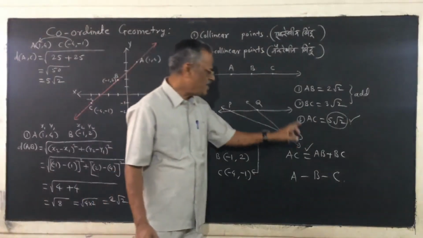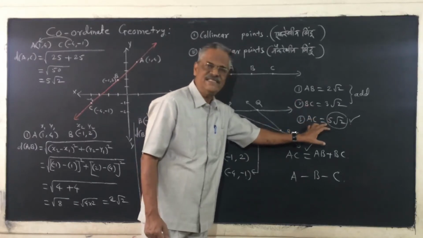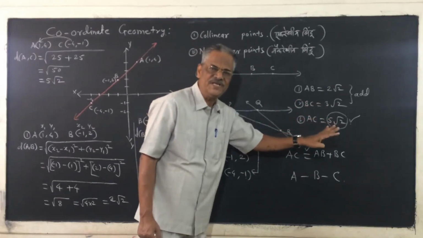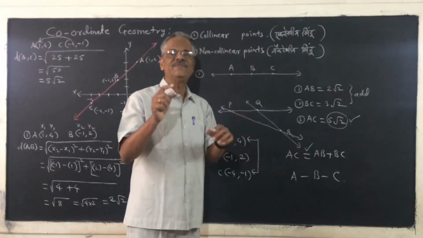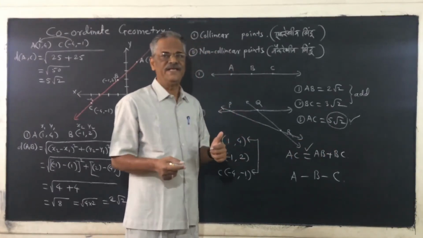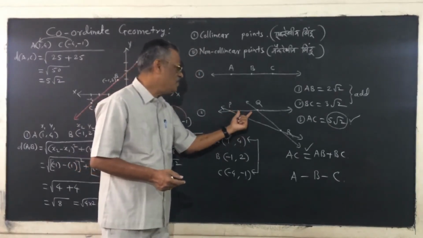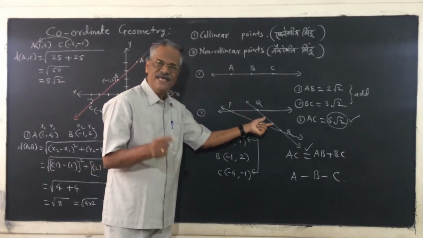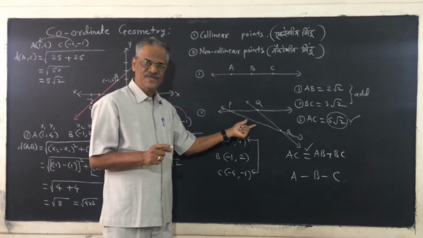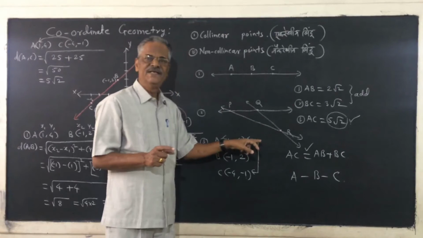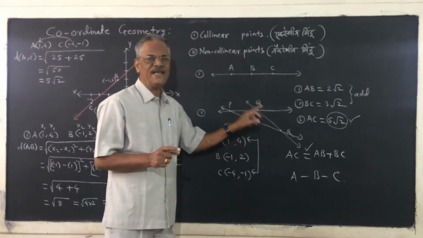And if you are not getting that AC or the greatest distance is equal to the sum of the two remaining distances, then points are non-collinear. In that case, you can observe this diagram. PQ plus QR is definitely greater than PR. So there is a triangle. When 3 points are non-collinear, you are getting a triangle there.